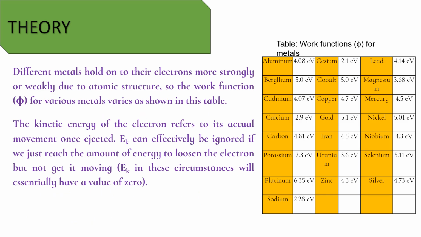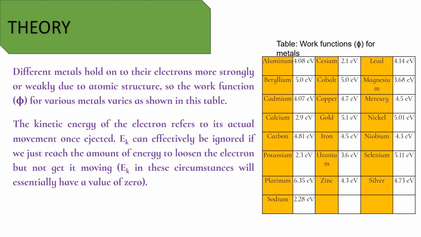Now different metals hold on to their electrons more strongly or weakly due to their atomic structures, and the work function, which is written as phi, varies for different metals. That is, different materials have different work functions, not wave function, please.